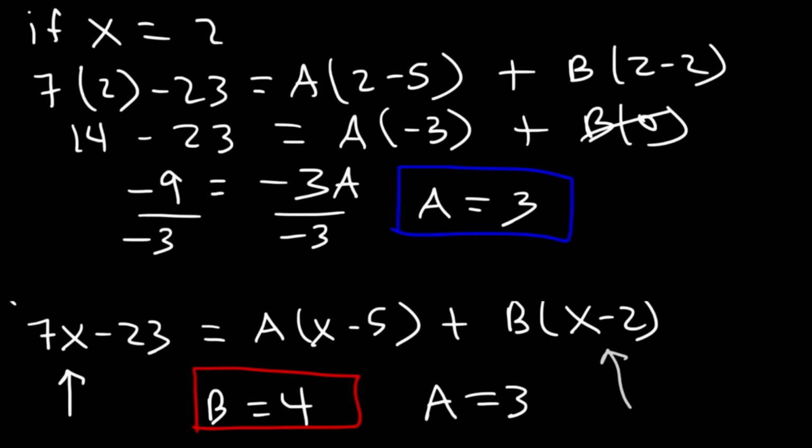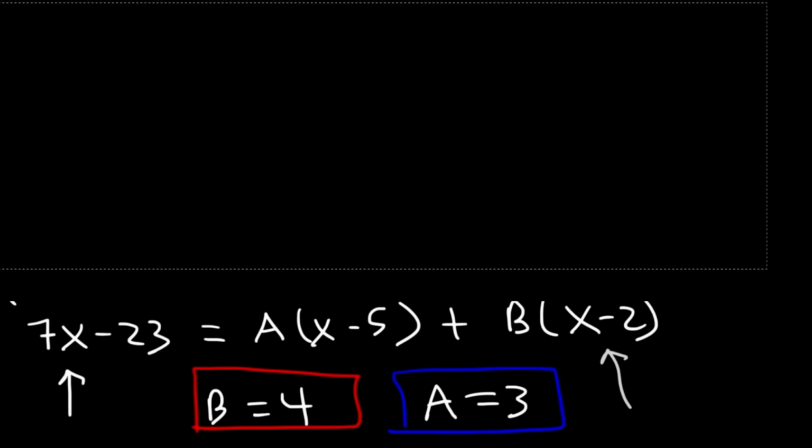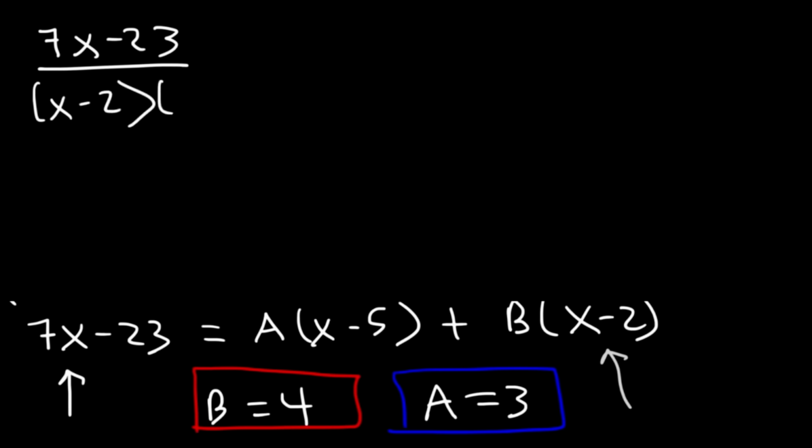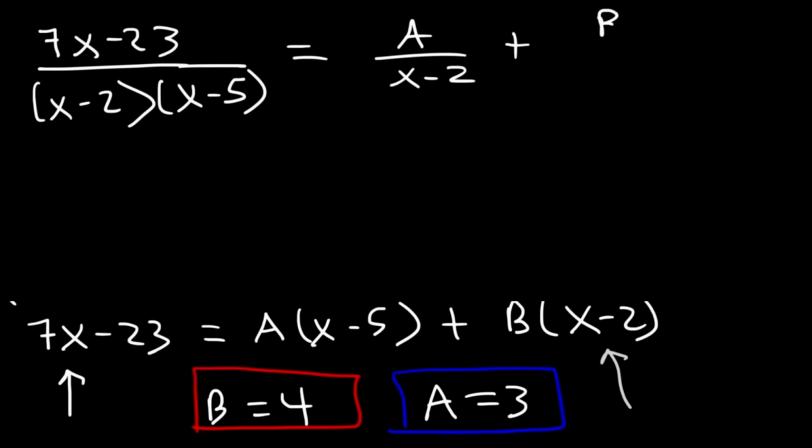Now let's go back to our original problem. So we had 7x minus 23 divided by x minus 2 times x minus 5, and that was equal to a over x minus 2 plus b over x minus 5.